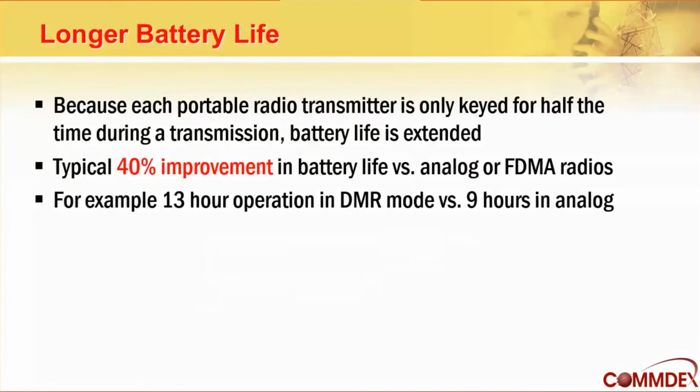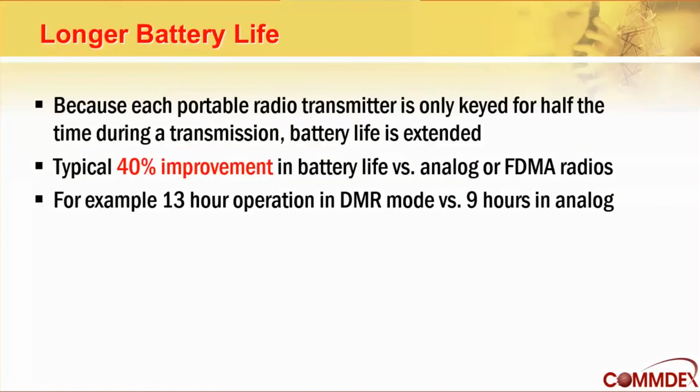One of the features of DMR is that for the portable users, they have improved battery life relative to things like P25. The reason is when you are using time slots, you're really only transmitting for half the time. So since you're only transmitting half the time, you use almost half the amount of battery.